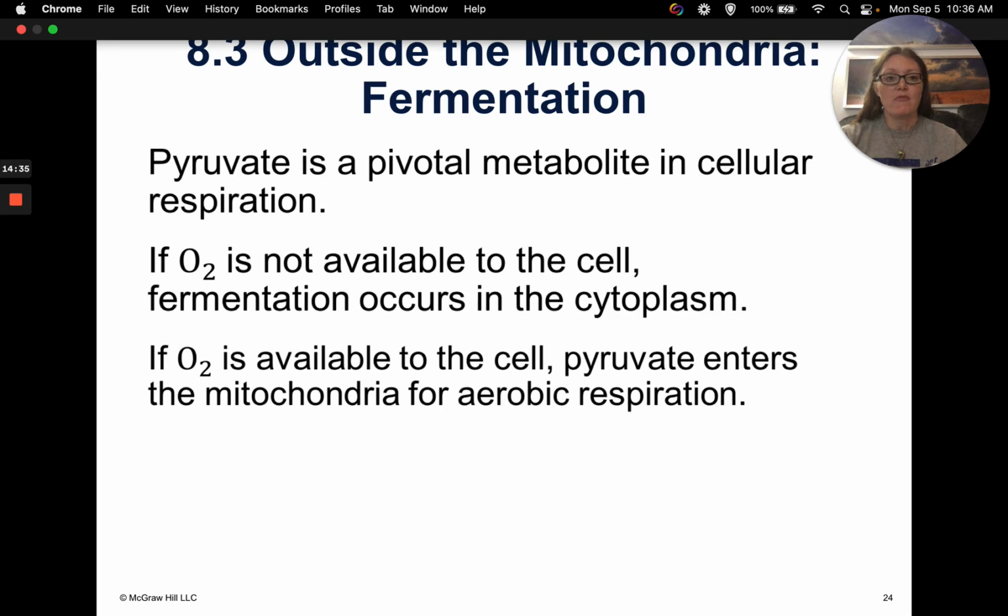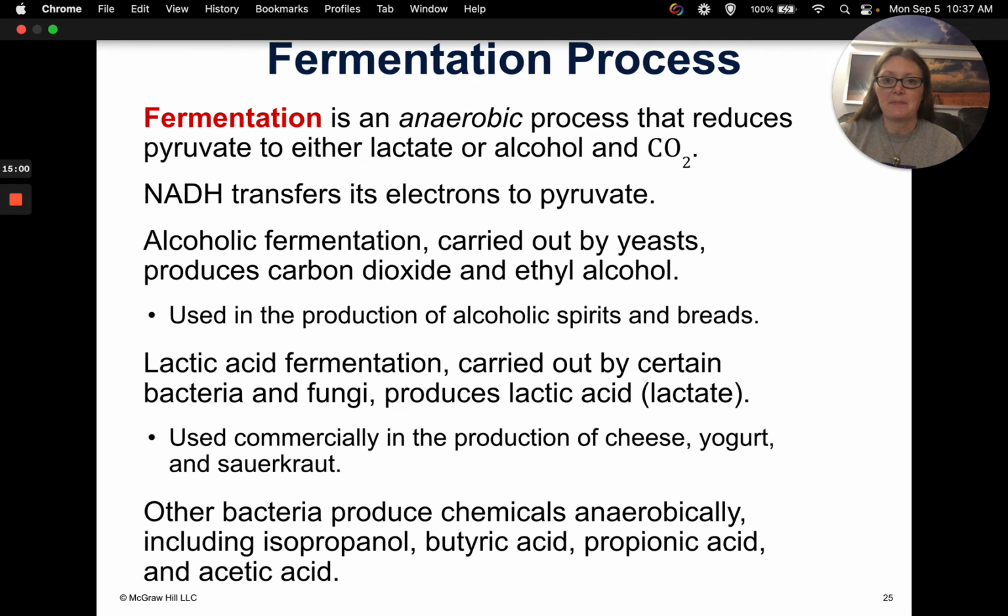Fermentation will produce some energy, just not in a very high amount, and it will build up more toxic waste products. Now, our body does do a little bit of fermentation if we are exercising too much and we can't meet the oxygen demands. So if O2 is available to the cell, the pyruvates enter the mitochondria and they will go to that next step.